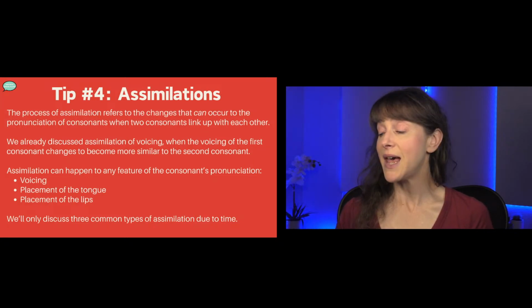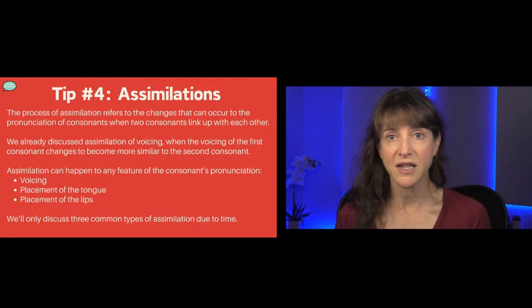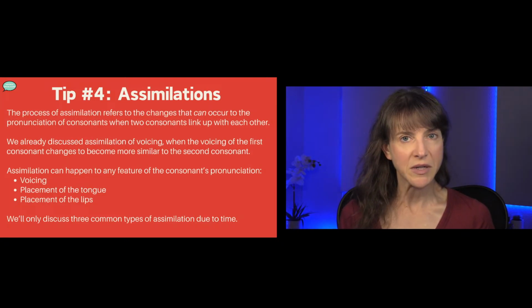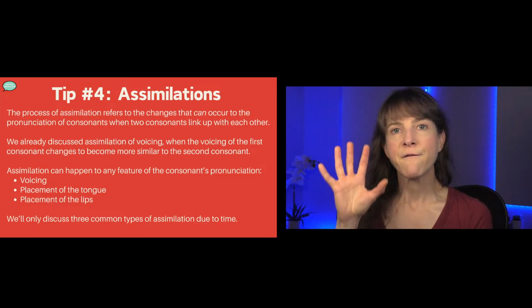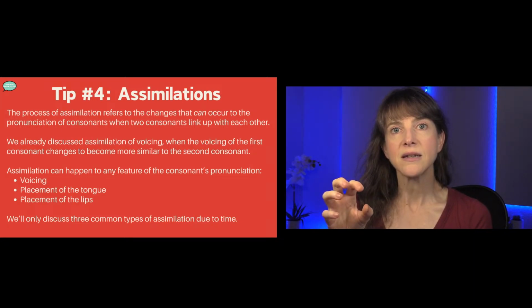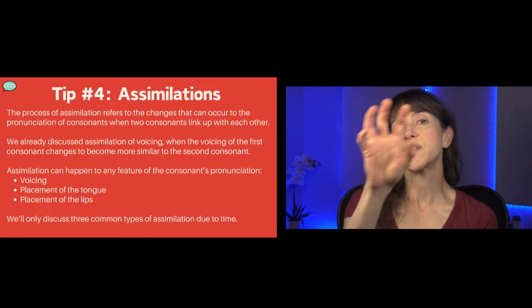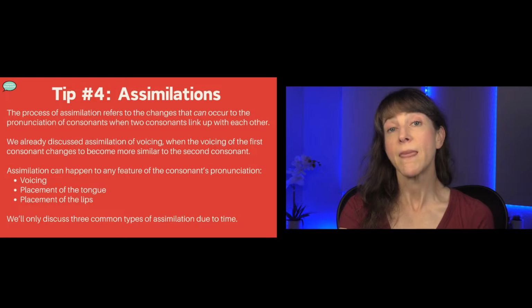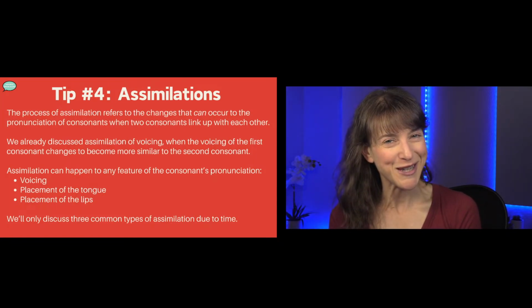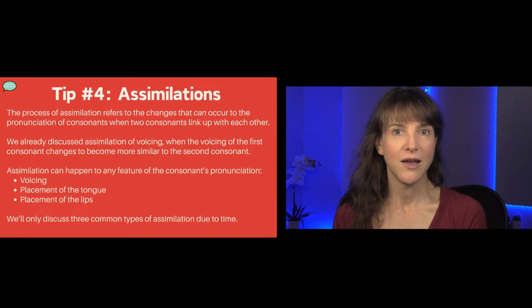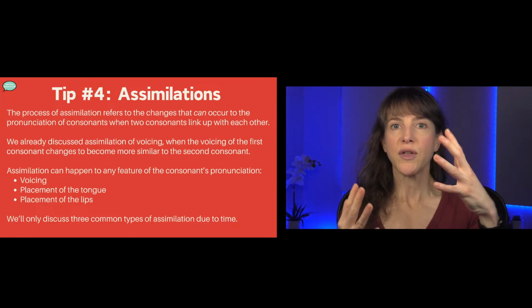It can happen to any feature of the consonant's pronunciation: the voicing, the placement of the tongue, the placement of the lips. Typically that first consonant is going to change something about its pronunciation to be more similar to the second one. And sometimes with these assimilations, an entirely new sound is created when they both change.